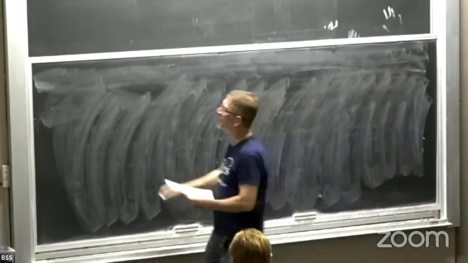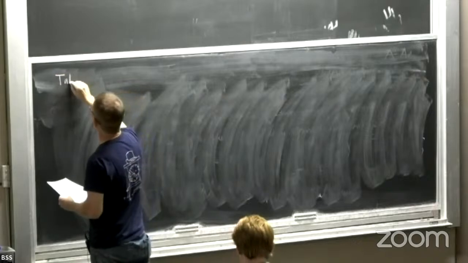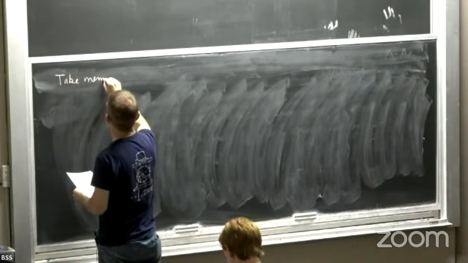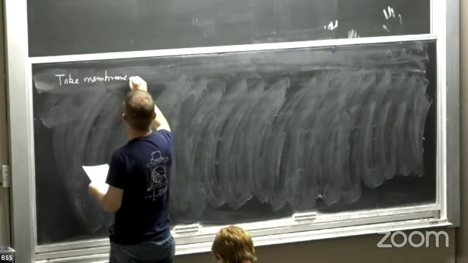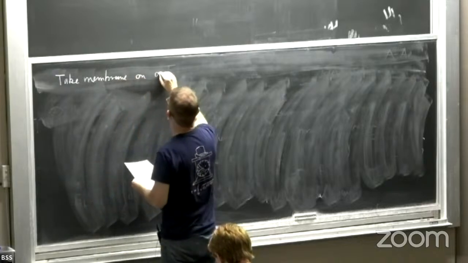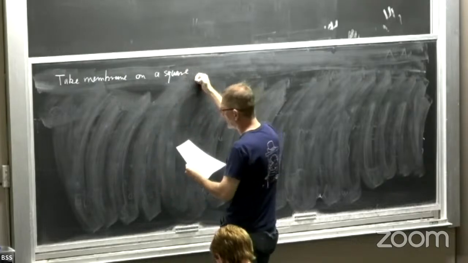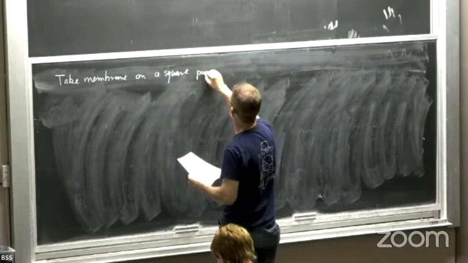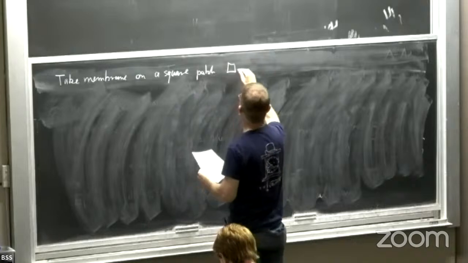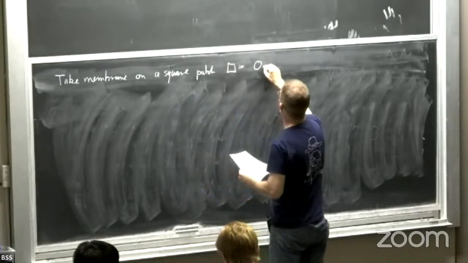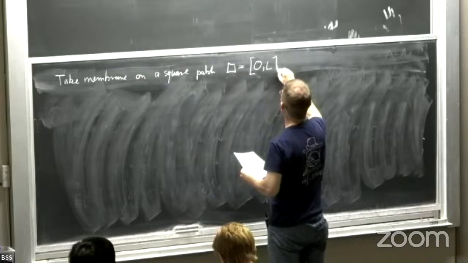I will take a membrane on a square patch. I'm going to call that just a square patch, which is 0 to L squared.